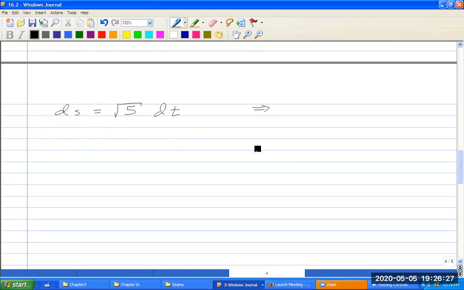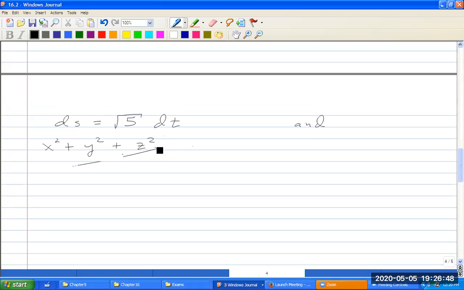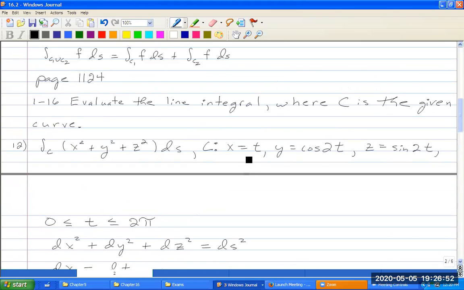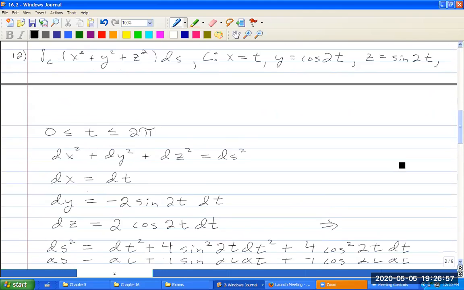Let's simplify that also. So x squared plus y squared plus z squared is equal to, okay, and so let's just replace x by t, y by cosine 2t, and z by sine 2t.